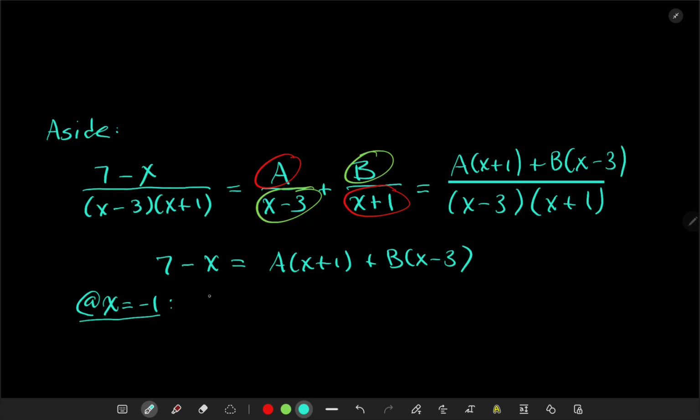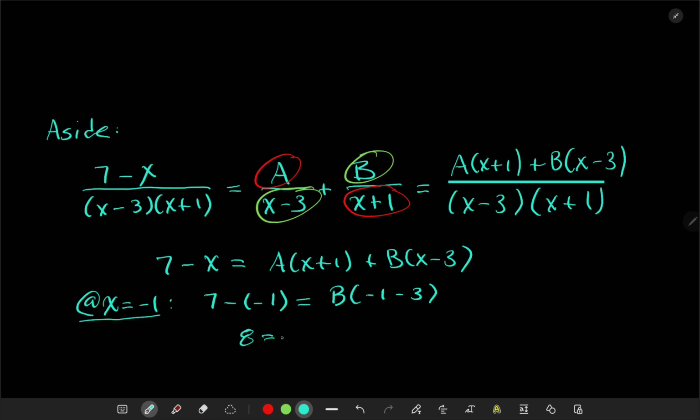So I can evaluate this at negative 1, and I'm going to obtain minus negative 1 is going to be 8. And here this term disappears, as we said, and I'm going to have b times negative 1 minus 3. This is going to be 8 equals negative 4b.